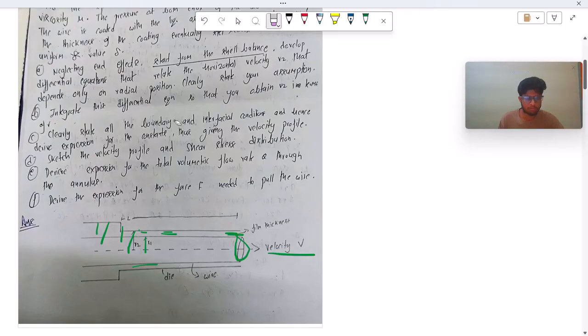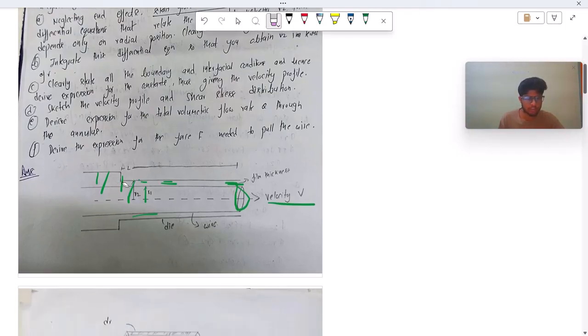So we have to obtain a velocity profile equation and flux profile equation for this problem, and also we have to find the force that acts on the wire to move the cylinder. And also in this question we have to find shear stress as well, and we have to write all the assumptions that we take before solving this question.